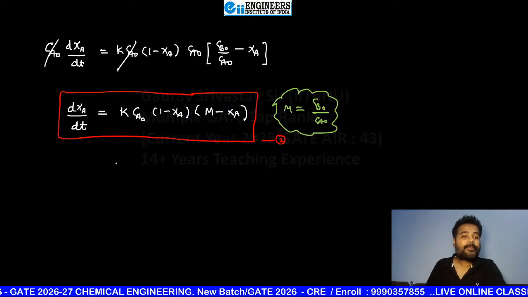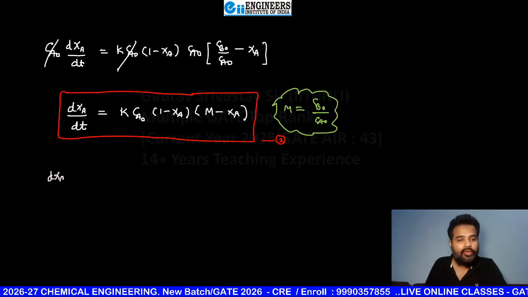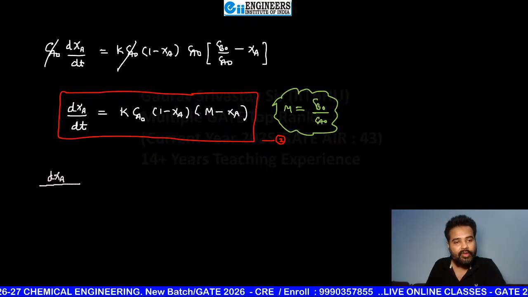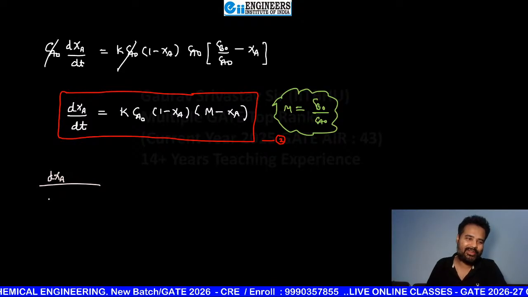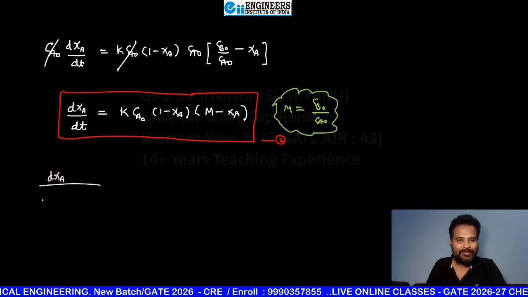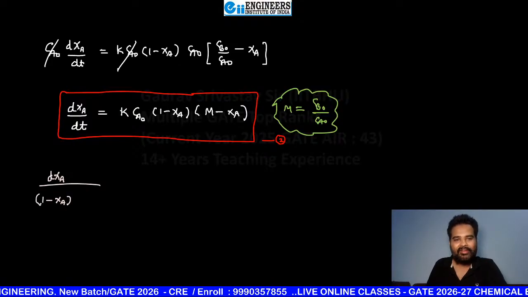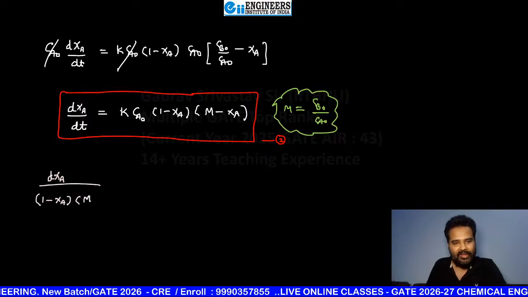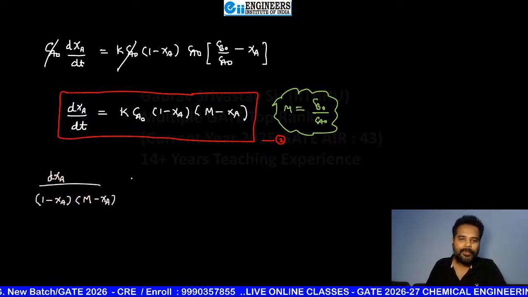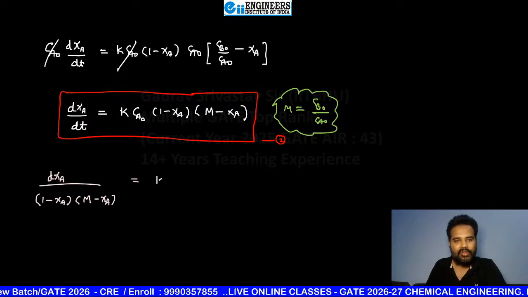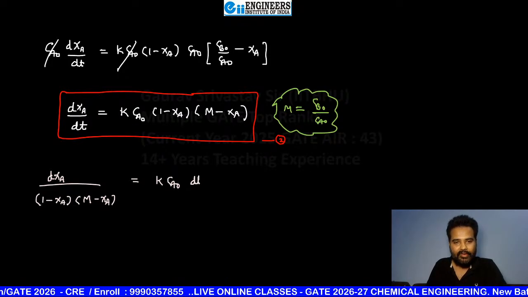So now you have to separate variables, because again it looks like a first order linear differential equation. Yes, partial fraction is required. Very good. So dxa upon (1 minus xa)(m minus xa) will be equal to k Ca naught dt.